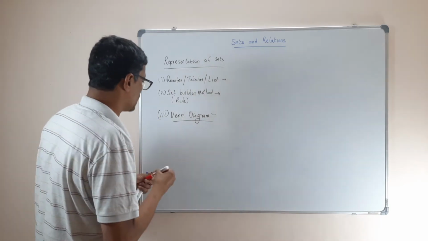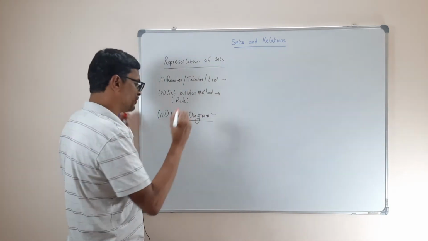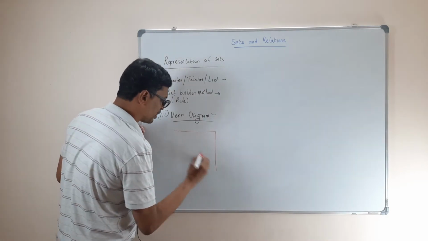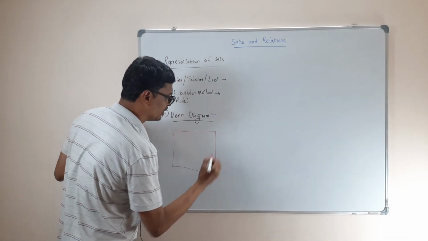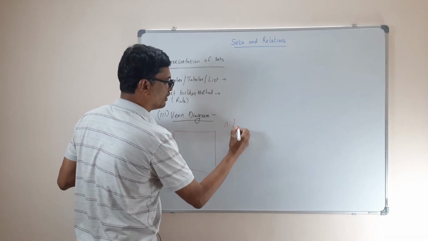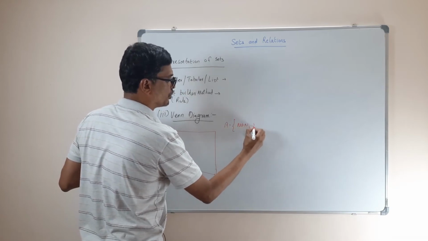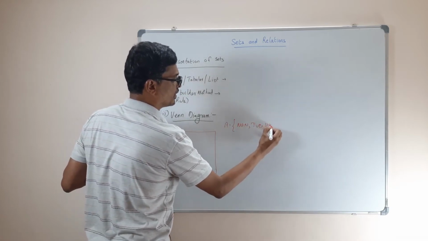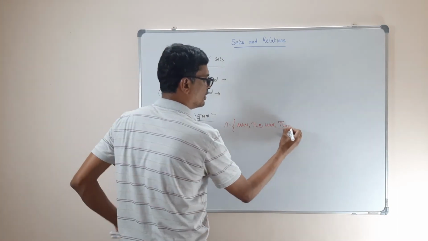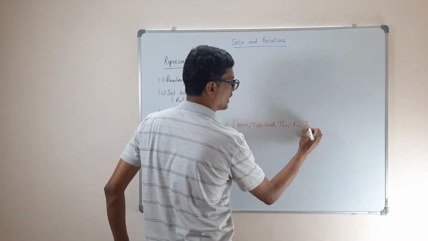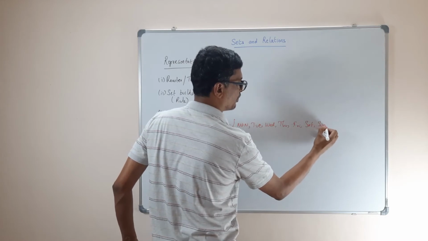You put all the elements. So for example, the days in a week, let me call that A: Monday, Tuesday, Wednesday, Thursday, Friday, Saturday, and Sunday.